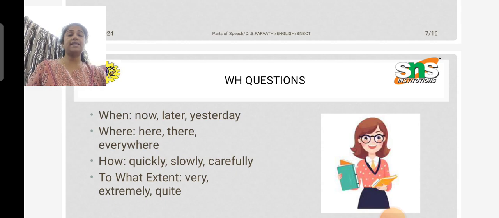To what extent? Like very, extremely. That work was extremely good. She's quite good, quite well. So these are all called adverbs. You are descriptively giving explanation to the verb.